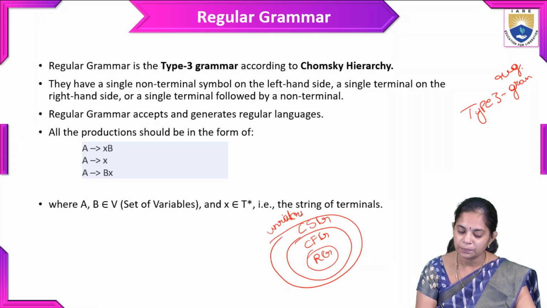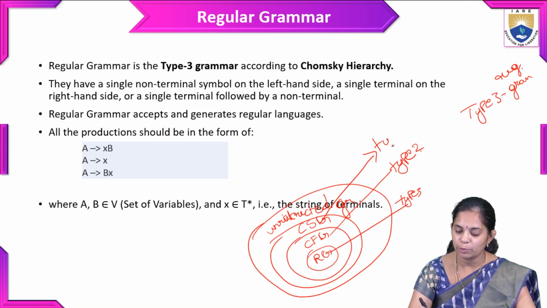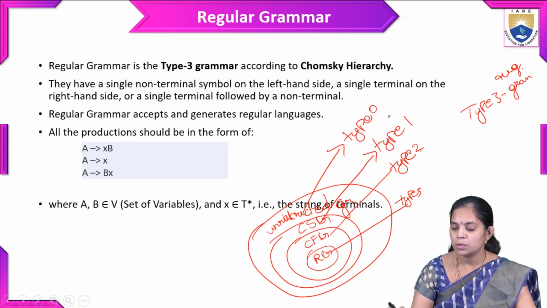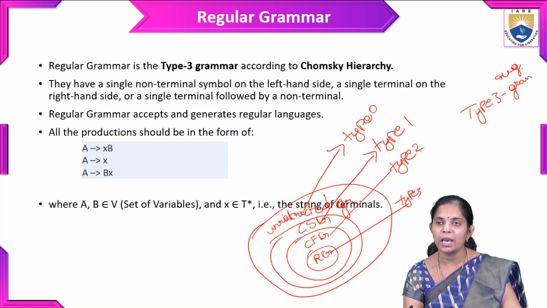This one is type 3, CFG is type 2, this one is type 1, and this one is type 0. So these are the four types of grammars we have in the Chomsky hierarchy.